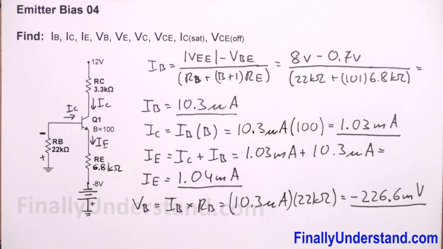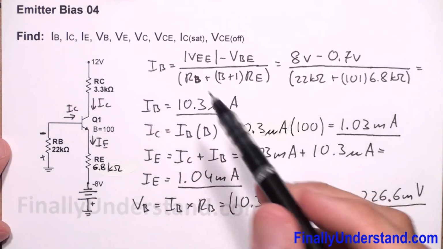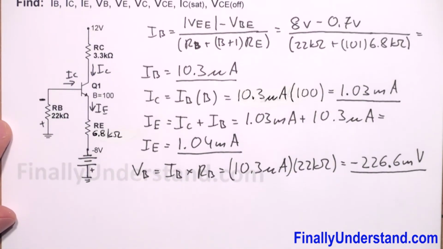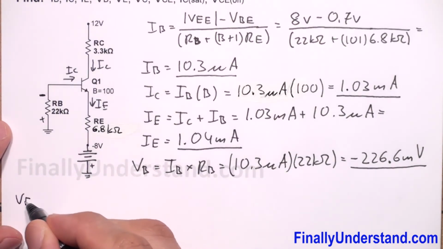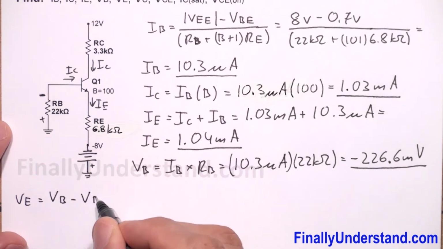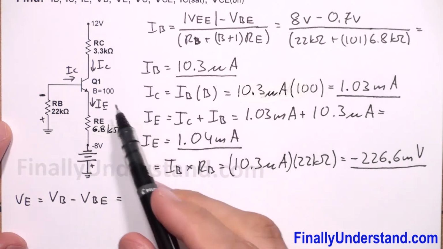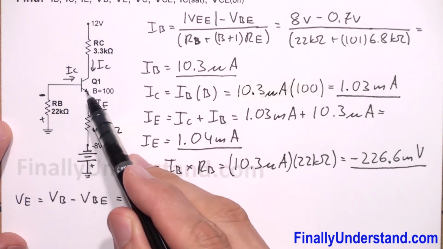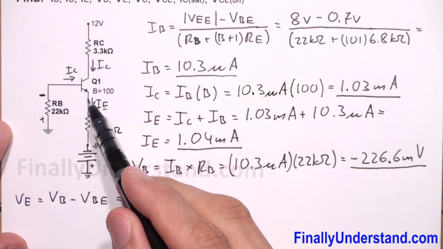So next we have to find the voltage at the emitter, the VE. I have VE is equal to VB minus VBE. The voltage at the base minus the voltage between base and emitter will give me the voltage at the emitter.